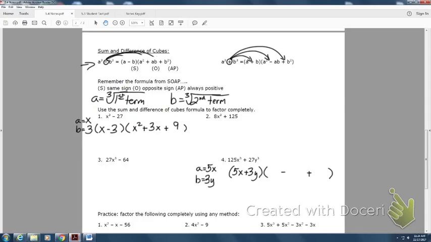What's the first term of my trinomial going to be? Nope. If your A term is 5x, you have to square the 5 as well as the x. So 25x squared.